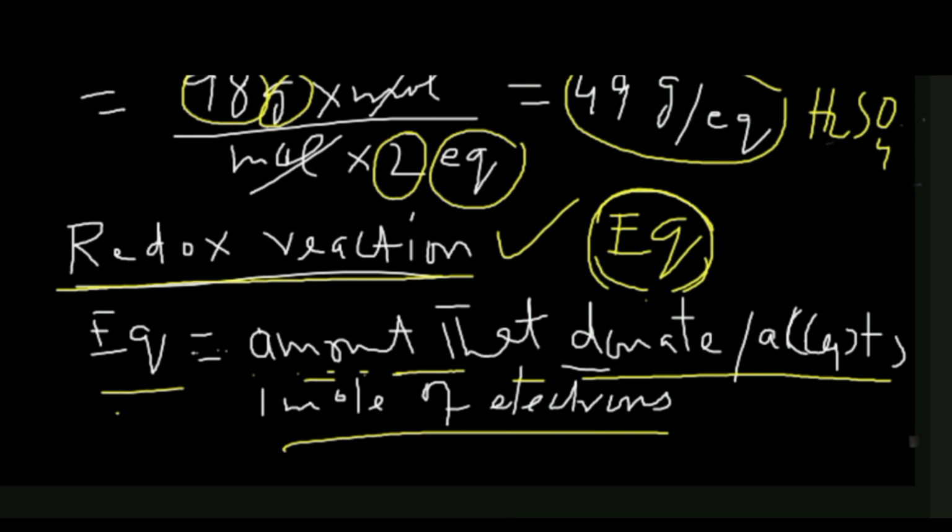So in a redox reaction, the number of electrons is concerned instead of hydrogen ions or hydroxyl ions. You can determine the equivalence of a compound keeping in view the number of electrons which are donated or accepted.